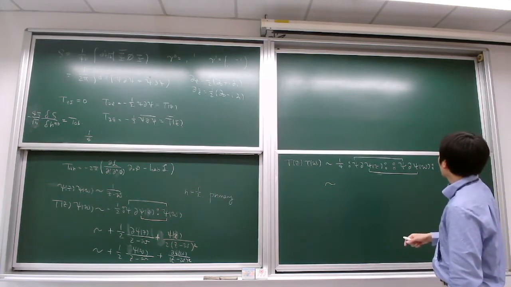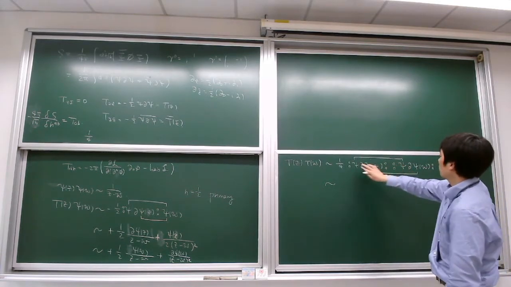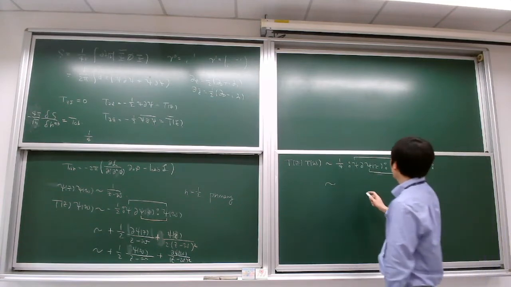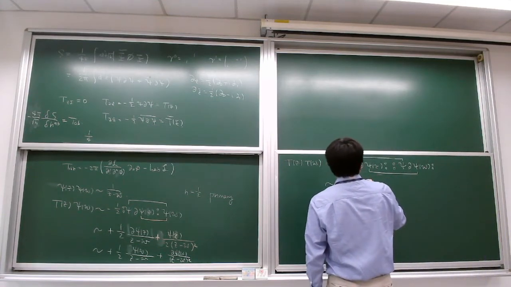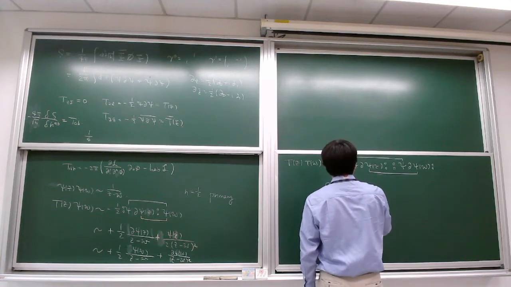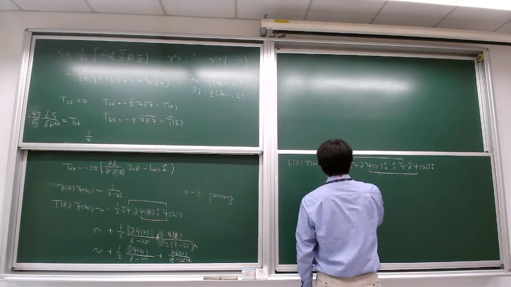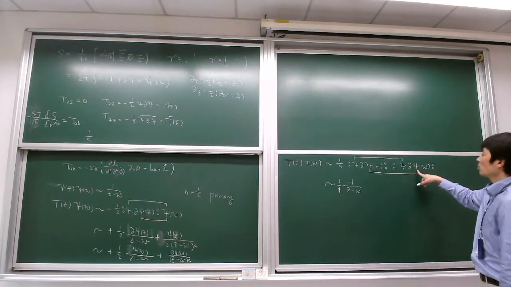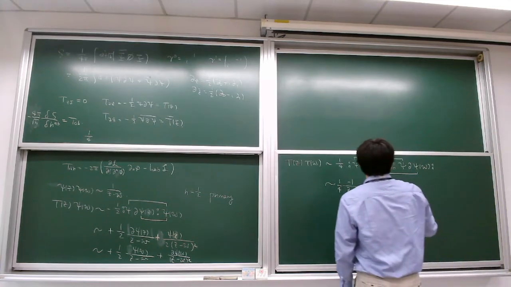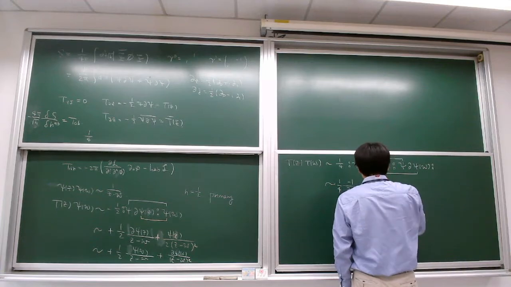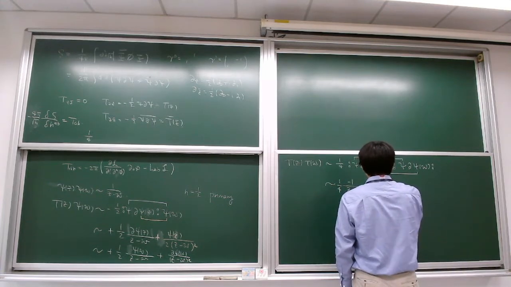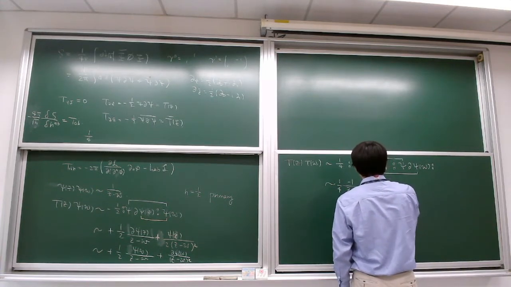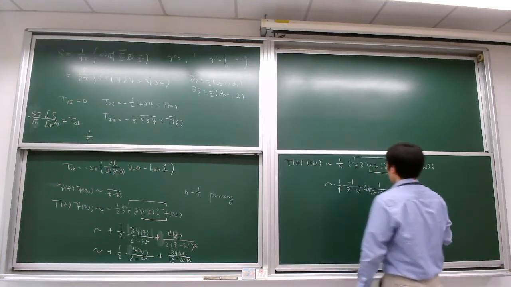First, you need to bring this one into here. You get the minus sign. So minus 1/(z minus w), 1/4, and then you should do the contraction between them. Therefore, what you get is (z minus w) of partial z and partial w.